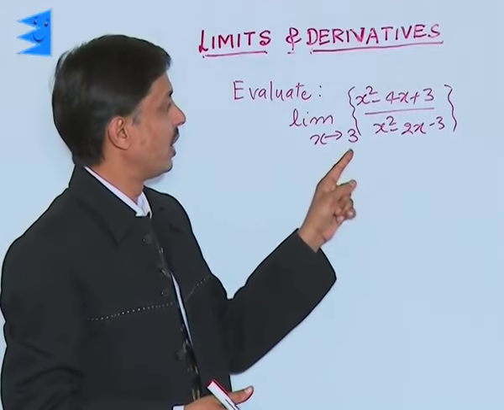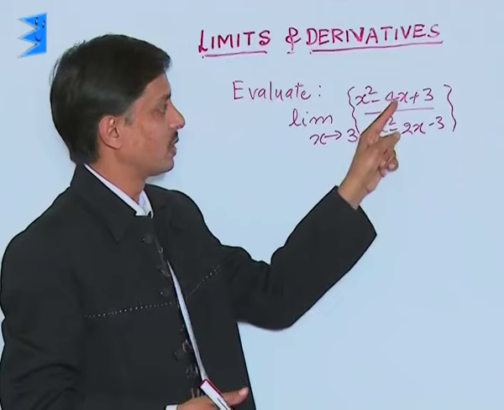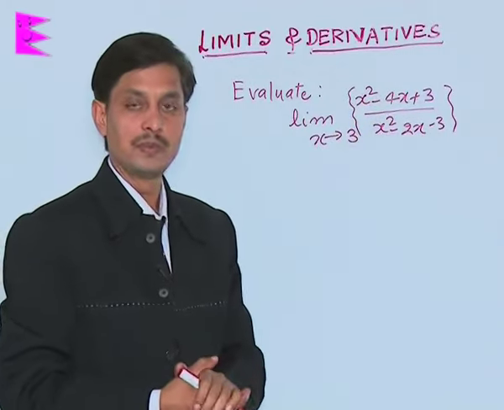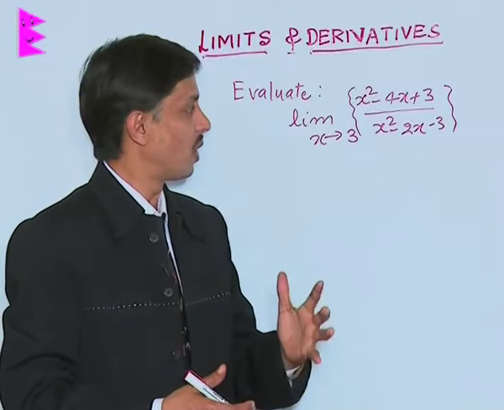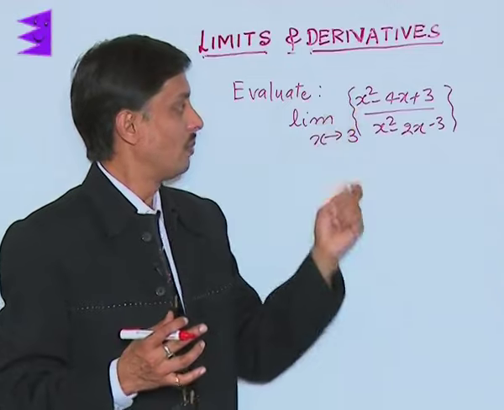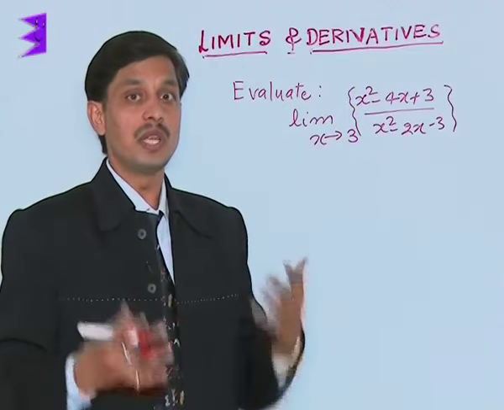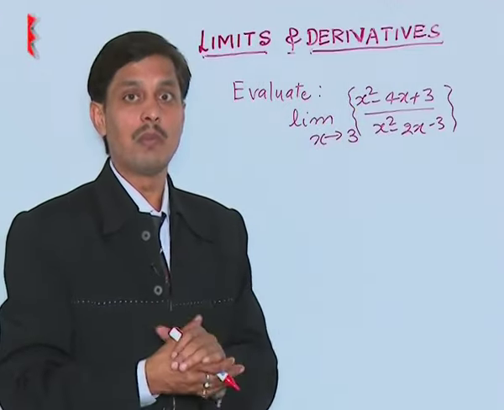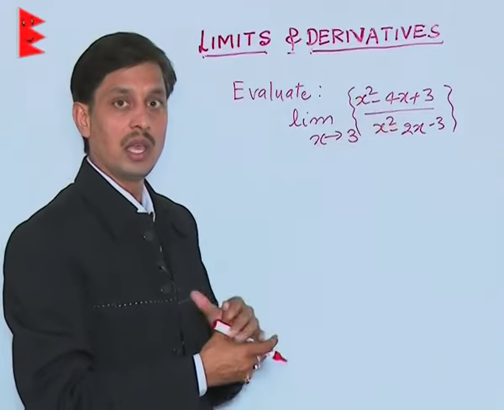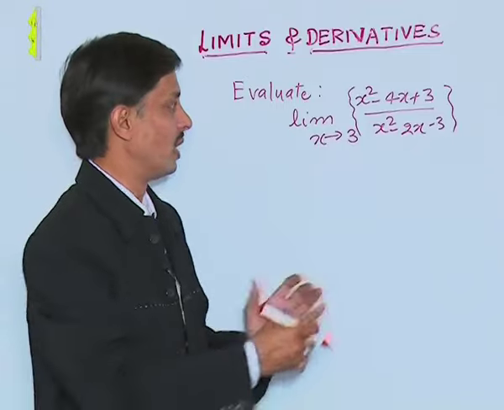It is limit x tending to 3, (x square minus 4x plus 3) upon (x square minus 2x minus 3). As we know, first of all, we check whether the problem at the given value comes in the indeterminate form or not. To check that, we will put x equal to 3 in the numerator as well as in the denominator.